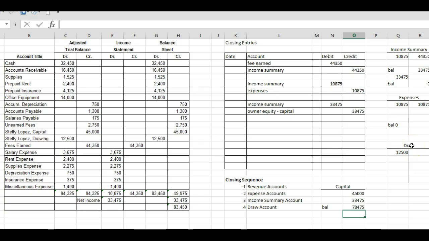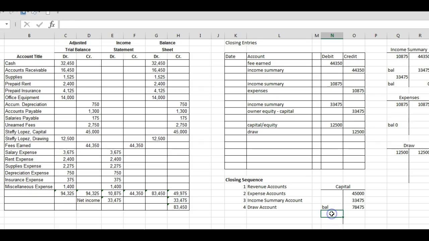Well, I have one more thing that has to be zeroed out, and that's the draw account. The draw account goes right into the capital account. The draw account has a debit balance, so I need to credit it. So my draw gets credited for $12,500, and my capital or equity account gets debited for $12,500.